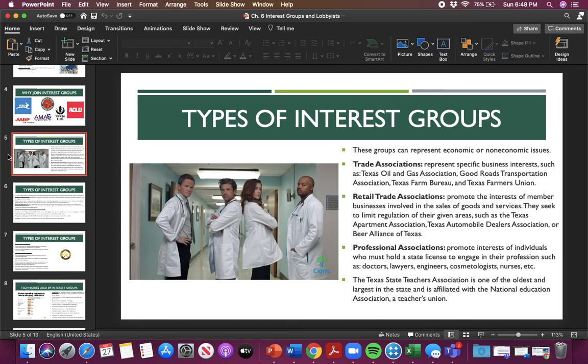The Retail Trade Association more represents particular fields of business. But we'll look at the trade associations. So groups such as Texas Oil and Gas Association, Good Roads Transportation Association, Texas Farm Bureau, Texas Farmers Union.